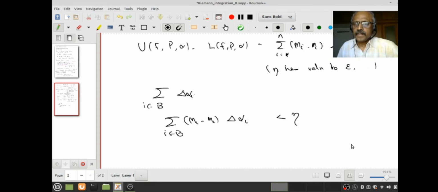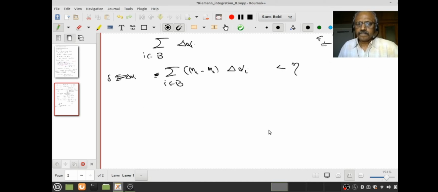You understand? Remember, you gave me an epsilon, I already found a delta, that is already fixed, there is no change there. And how did I define B? Capital Mi minus small mi should be greater than or equal to delta. That's also clear, right? Therefore this is greater than or equal to delta times the summation of delta alpha I. Let me write that.